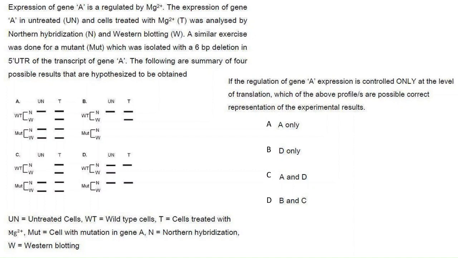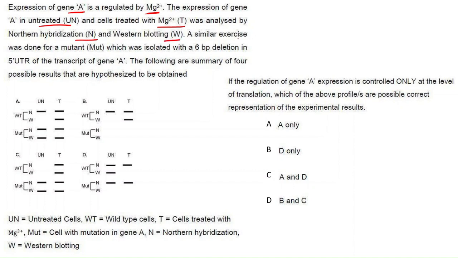It's an important question. So see the question. Expression of gene A is regulated by magnesium ion, Mg2+. The expression of gene A in untreated cells and cells treated with Mg2+ was analyzed by northern hybridization and western blotting.